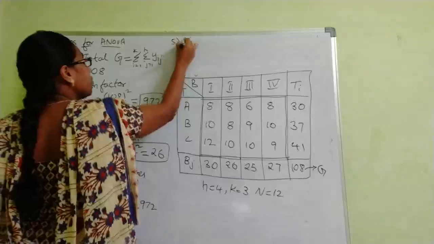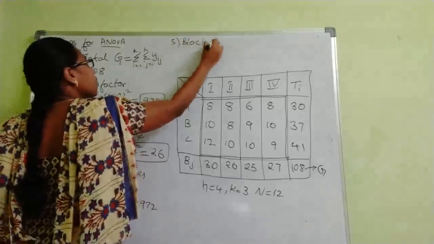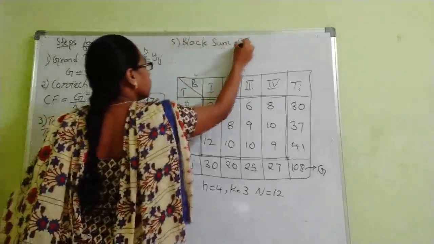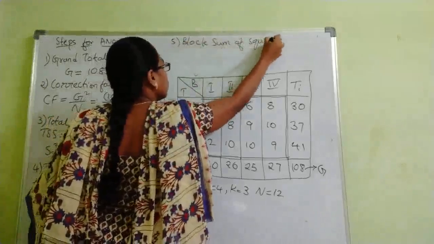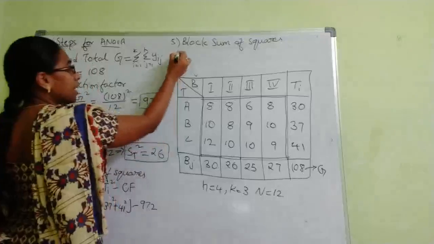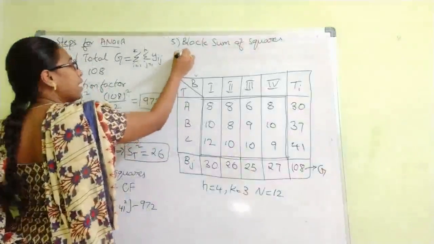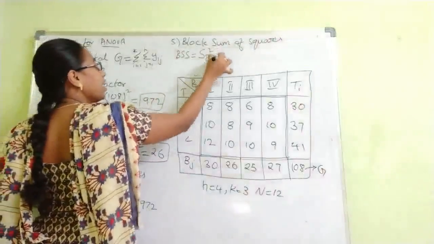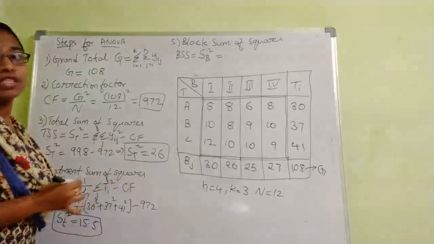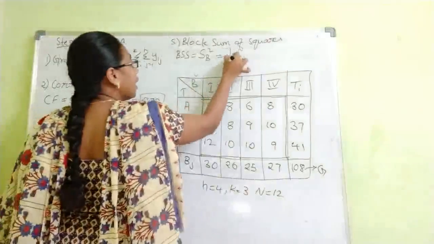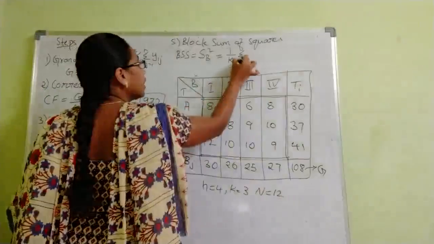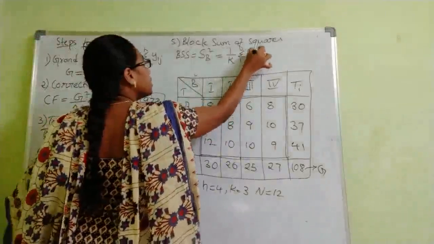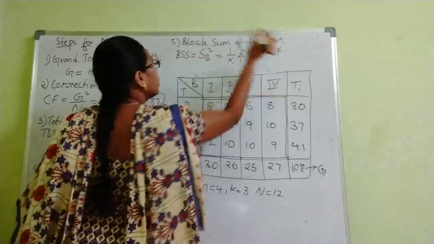So fifth step is block sum of squares. Block sum of squares is denoted as BSS, which can also be written as SB square, equals to, what is the formula? 1 by K summation over i Bj square minus correction factor.